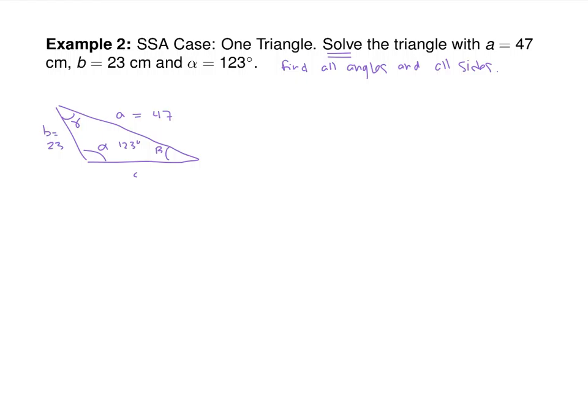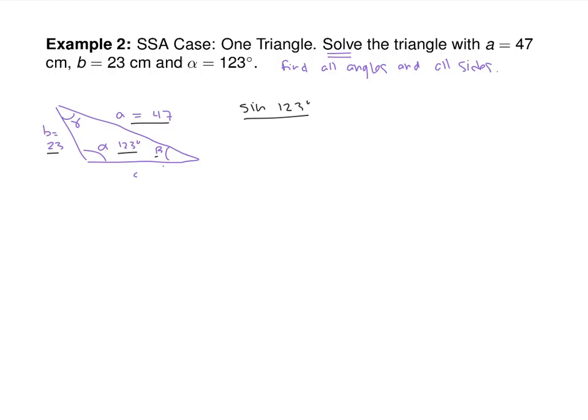All right, so here's how I would reason through this. Since you have an A and an alpha, and you know a B, it's probably easiest to find the angle beta first. Does that make sense? So we're going to have sine of 123 over what number?